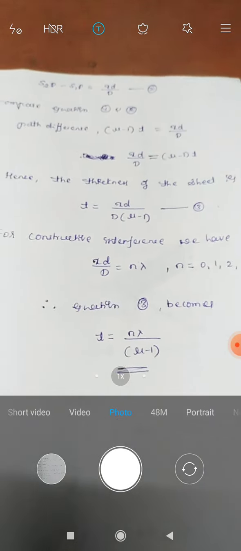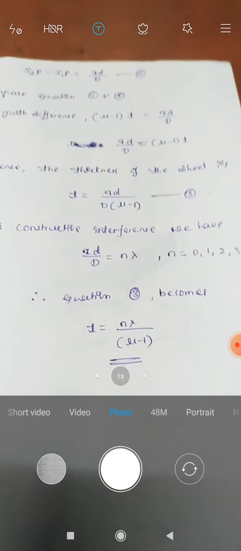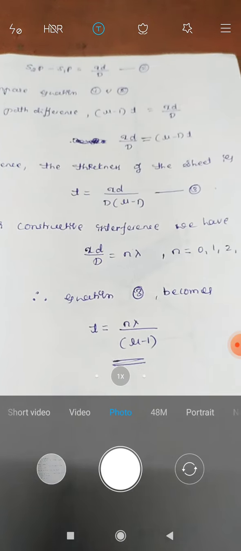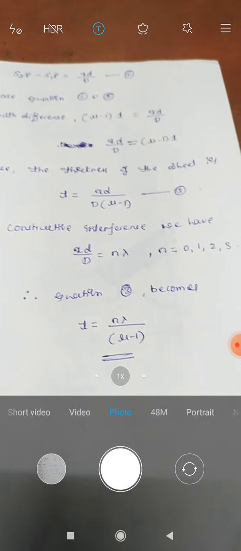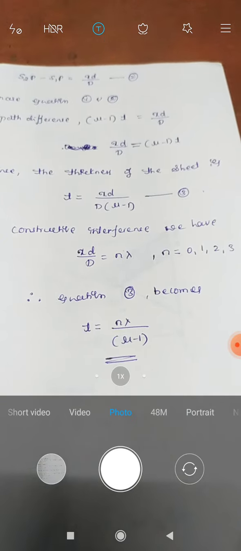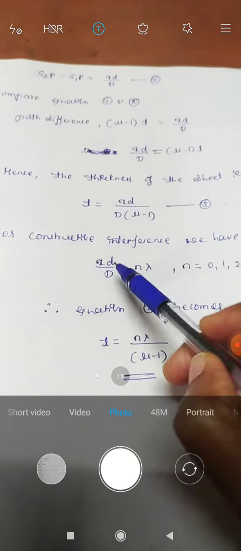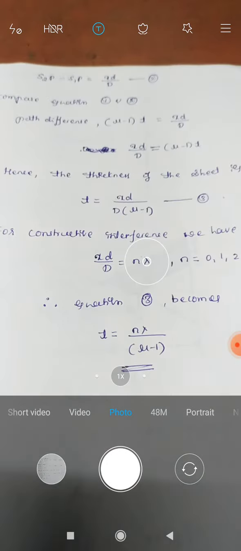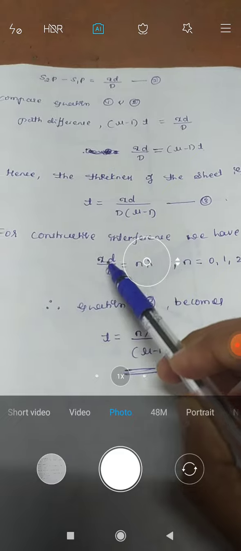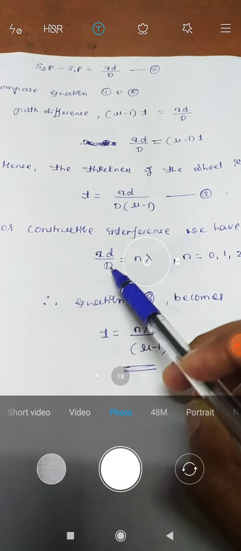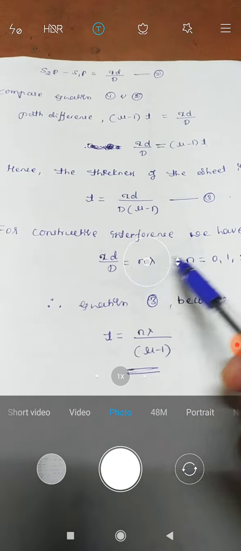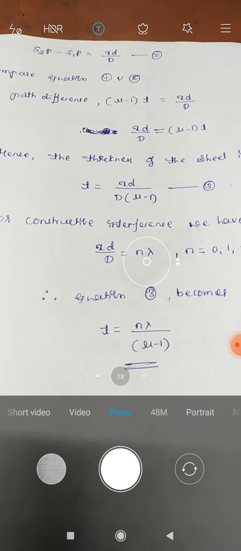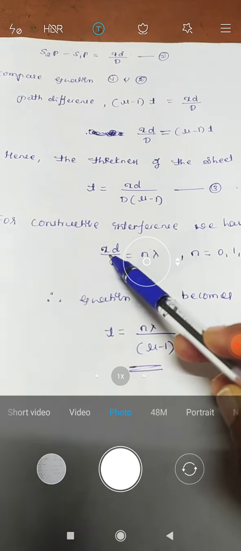For constructive interference, the condition for path difference is n lambda. So x d by D is equal to n lambda, where n is 0, 1, 2, 3 and so on. So substitute the value of x.